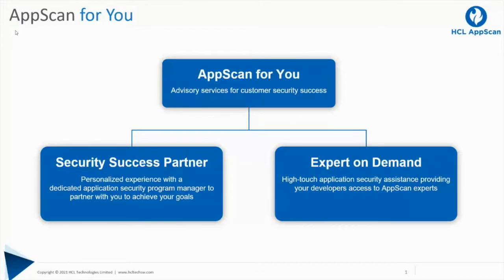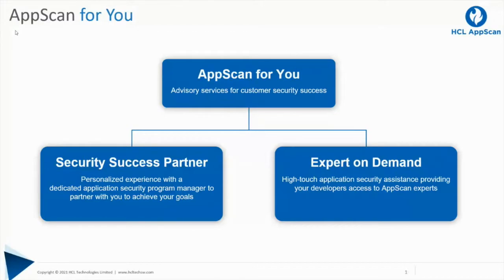So AppScan for You is comprised of two different parts. One is a security success partner, and each customer will be assigned a security success partner. This is a dedicated resource that will be their trusted advisor.